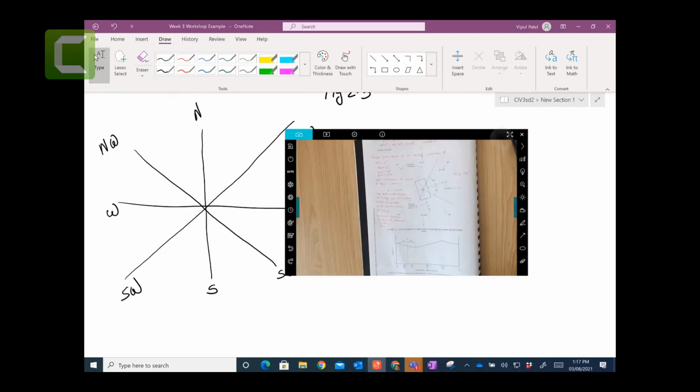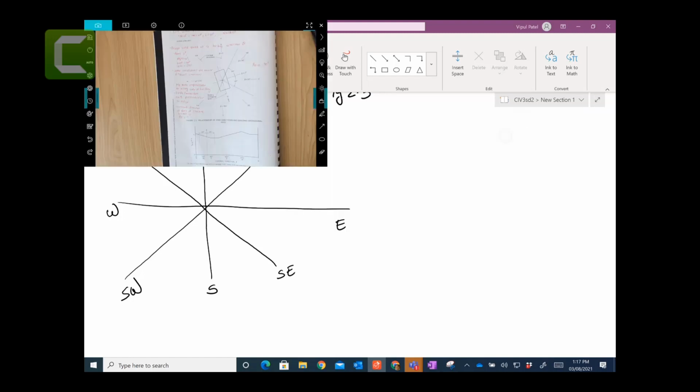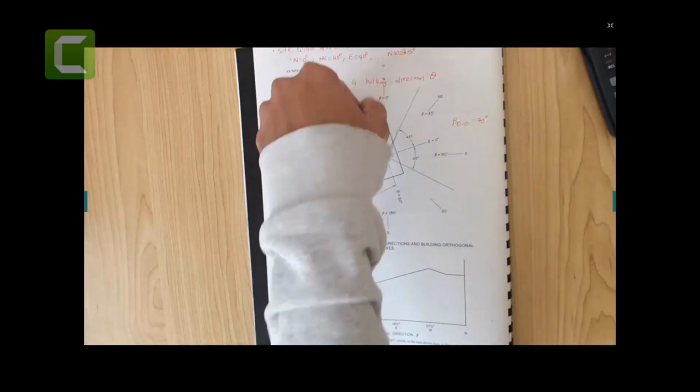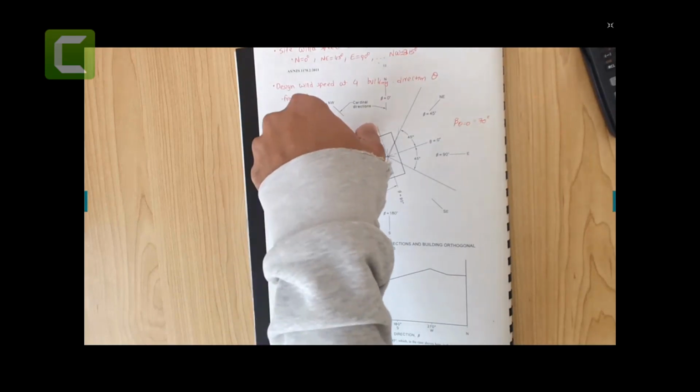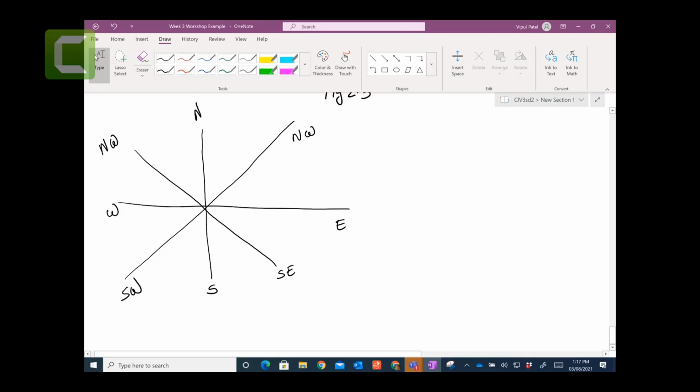So if I show it to you here on the standards, I have drawn these first 8 different directions. Now I'm going to draw this blue one here. Okay, so this blue one that we're going to draw is this, going to draw this one, right?